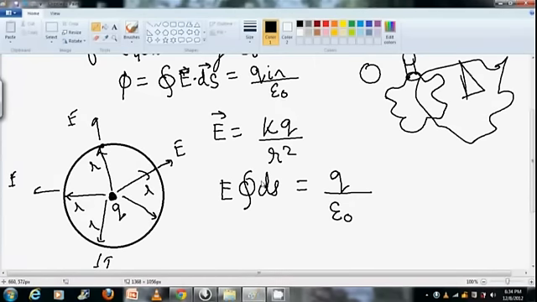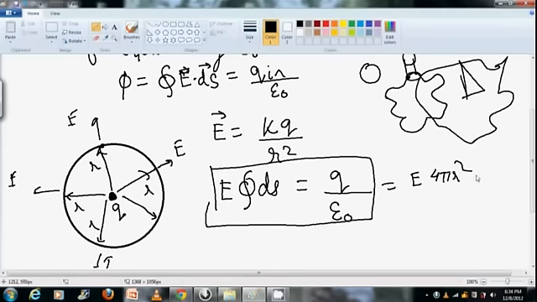What is the total surface area of a sphere? It is 4 pi r square. So E integration of ds is E into 4 pi r square, which is equal to q by epsilon naught. So I have written E into 4 pi r square is equal to q by epsilon naught.